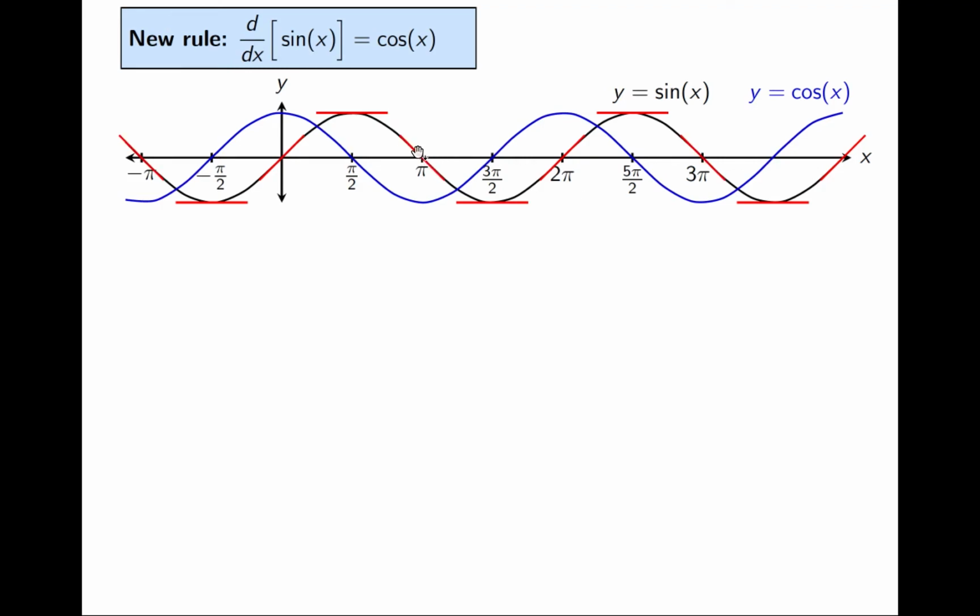At pi, the slope of the tangent to sine of x looks like it's about negative 1, and cosine of pi is negative 1. So when you look at it from this point of view, it makes perfect sense that the derivative of sine of x is going to be cosine of x. Cosine of x matches what you would expect to get for the derivative of sine of x.